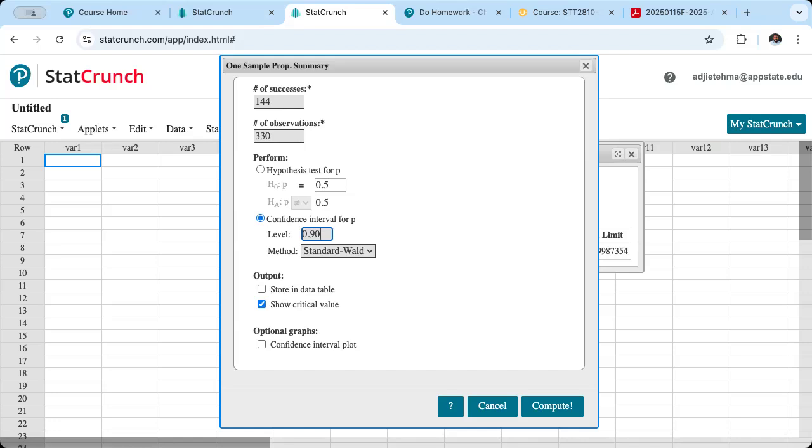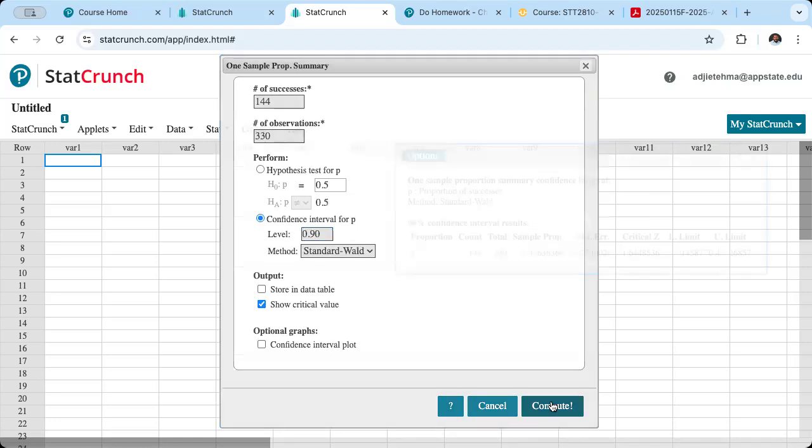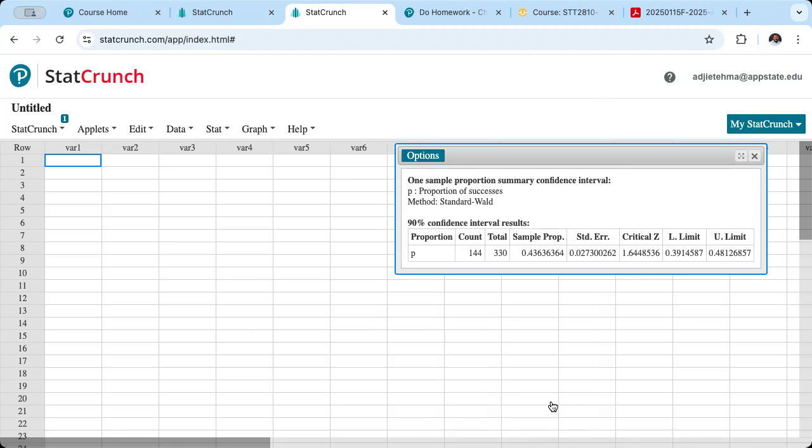Change the level of confidence to 90. If we change it to 90, you would realize that the sample proportion is the same. The standard error is the same. What changes is the critical value.